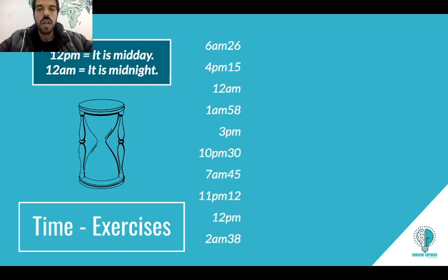We're going to talk about them in the same way. So let's check. 6:26 a.m. In this case, all our examples are going to be in the formal way, which is the class today, right? So in this case, it is 26 past 6, right?